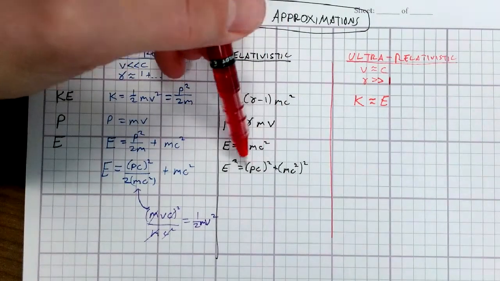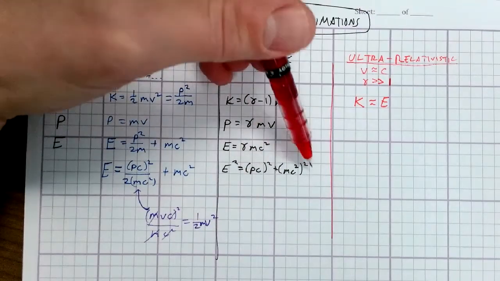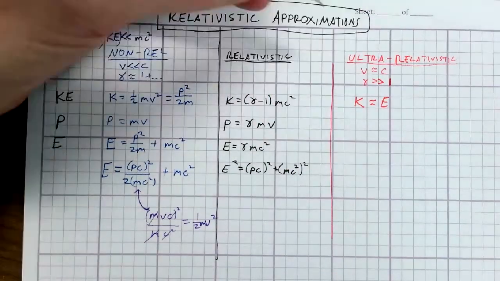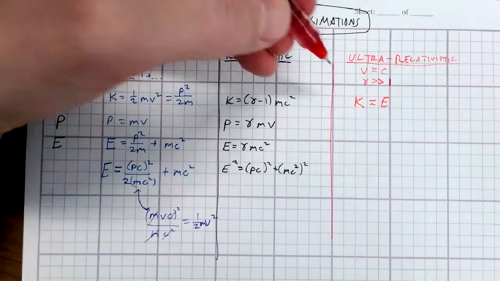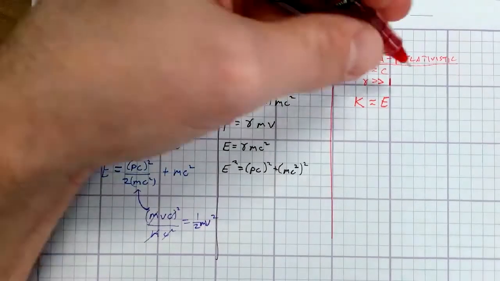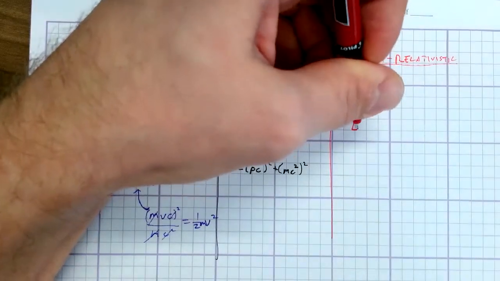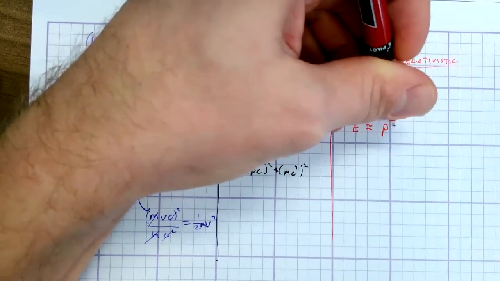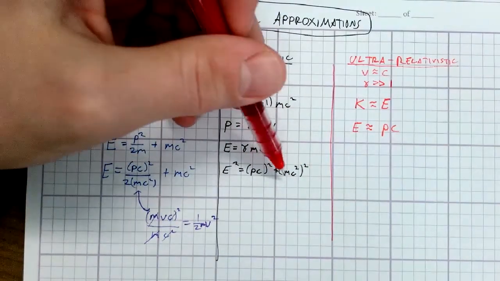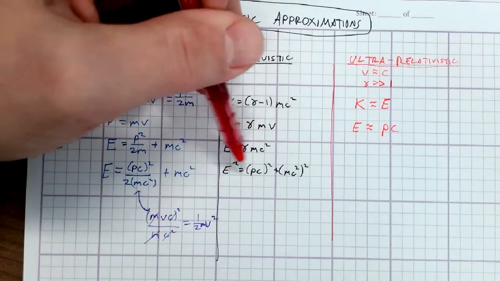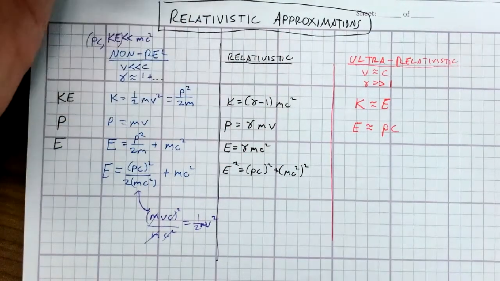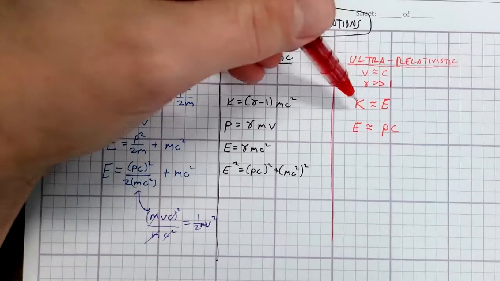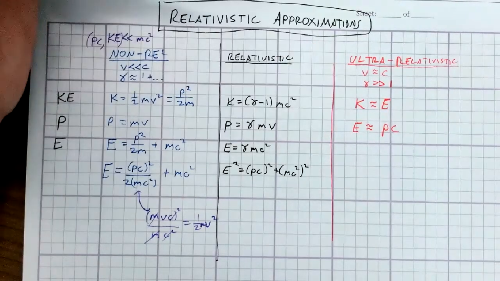So as my momentum grows and grows, this term becomes more and more negligible. So to relate my momentum now, I'm going to have to say that my energy is approximately equal to p times c. Because when I get to neglect this term, I can square root both sides, and I've got E is approximately equal to pc, which was also approximately equal to K.